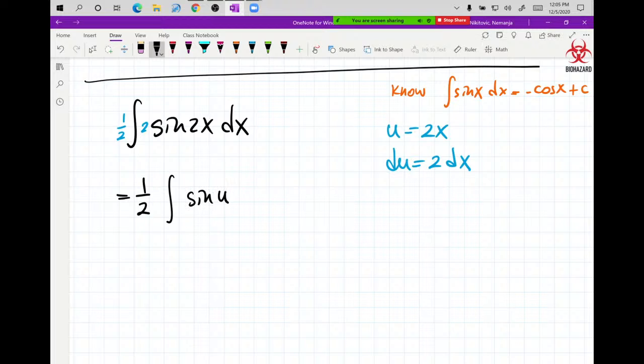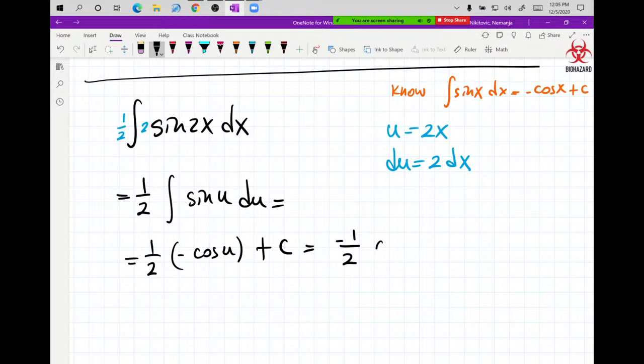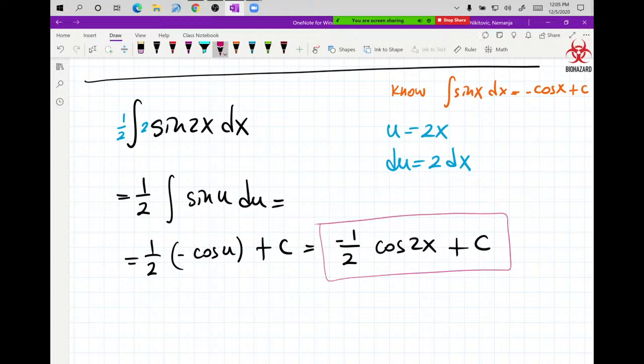So sine u du, and you can just do the cosine here, and you're done. So negative cosine u plus c, that's negative 1/2 of cosine 2x plus c.